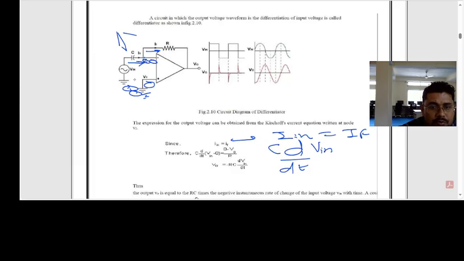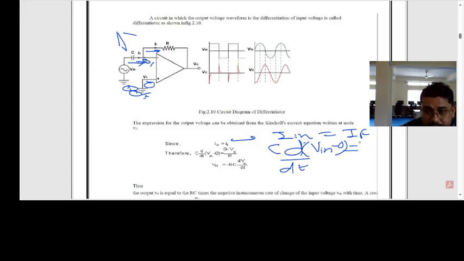So we can write V in minus 0. What is IF? IF equal to 0 minus V0.